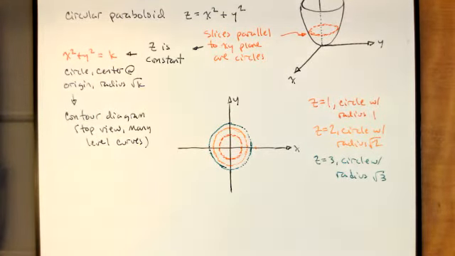So what we want to notice is that the circles are getting closer together. When z is equal to 1, we had a radius of 1. The next one was 0.4 units away. The next one was 0.3 units away. The square root of 3 is about 1.7. And then when we get to z equals 4, we'll have a circle of radius 2.